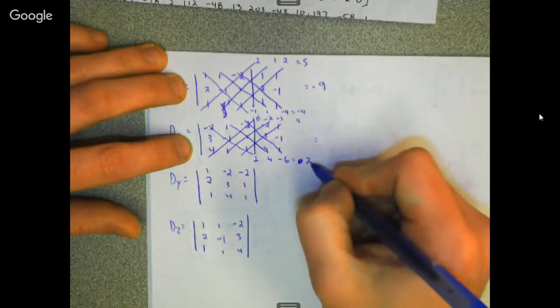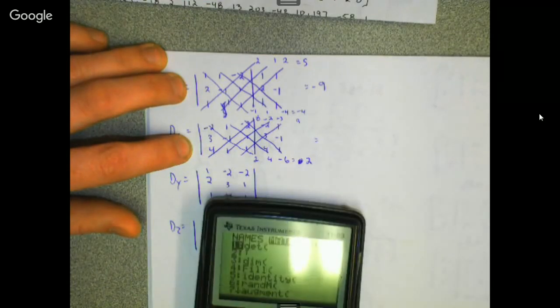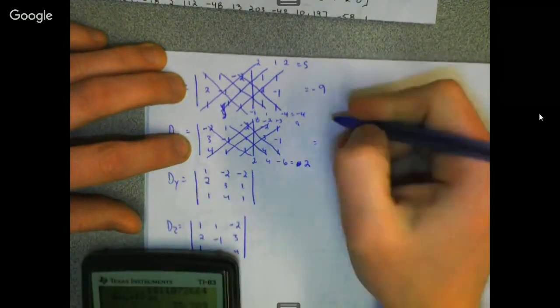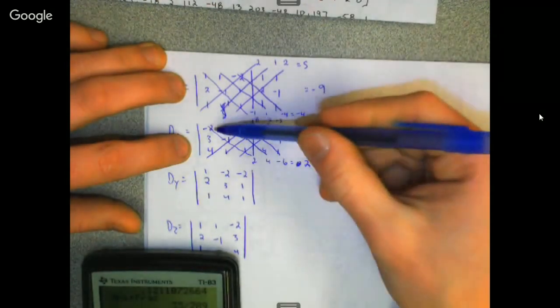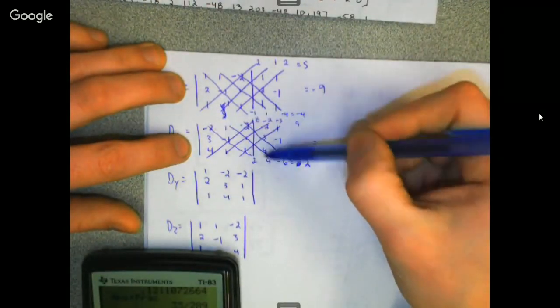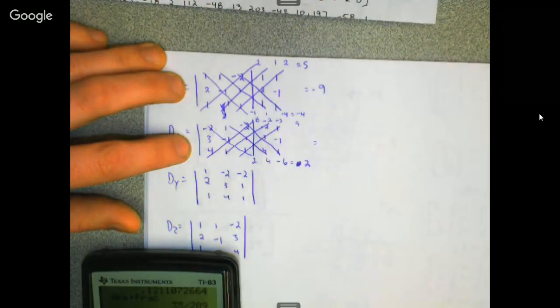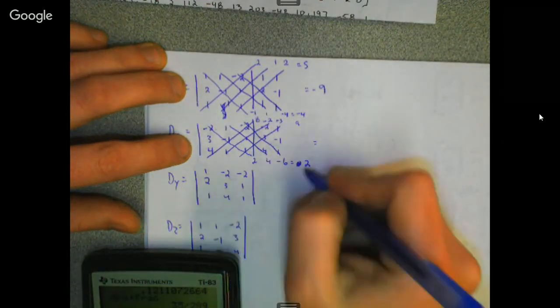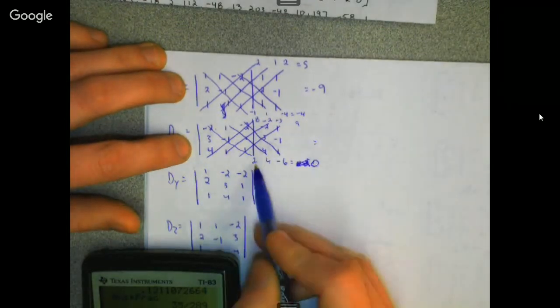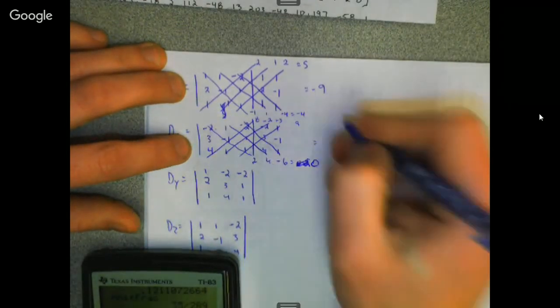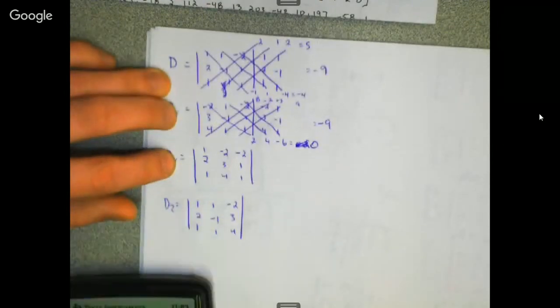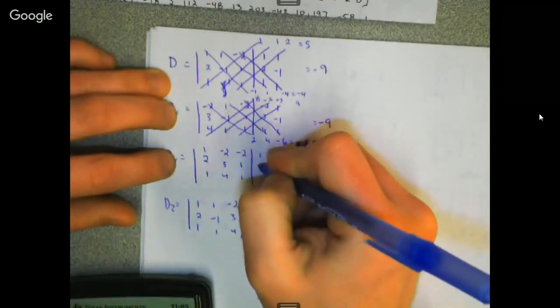So then your bottom minus the top. So -7. Where did I go wrong? Oh, that was 0. 2 plus 4 is 6, minus 6 is 0. So this is minus 9. I multiplied instead.